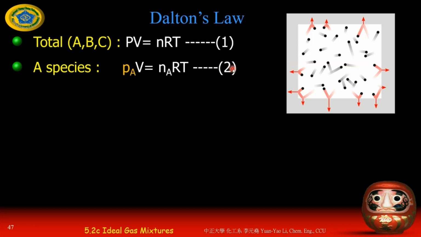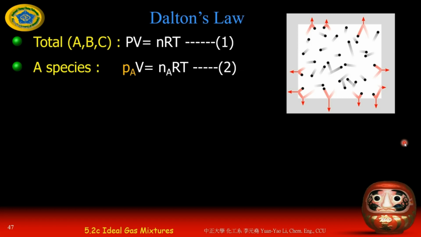This is equation 2. As I hope you still remember, the partial pressure A is a function of moles, volume, and temperature, so it can be used as an equation like this.